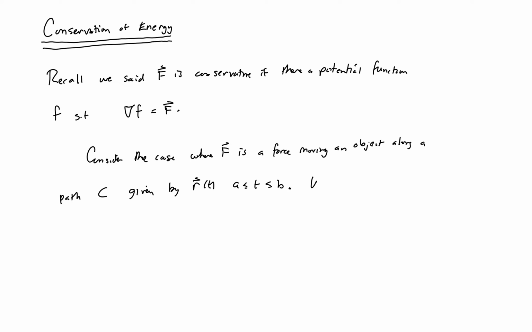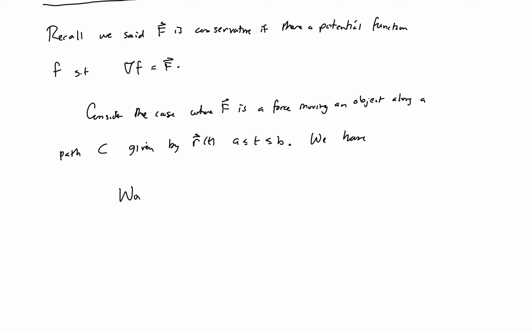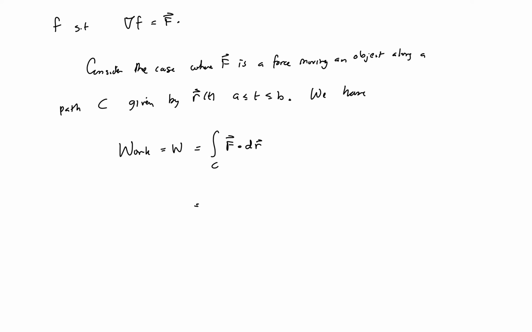So we've seen that the work done, which we'll just denote as W, is the line integral of F over this path, which, due to our parameterization, we can rewrite as F of r of t dot r prime of t dt.